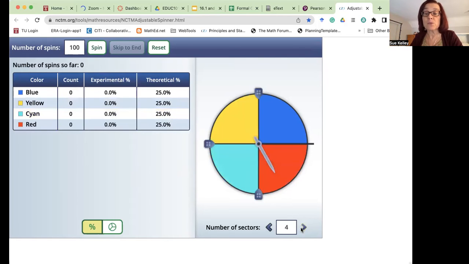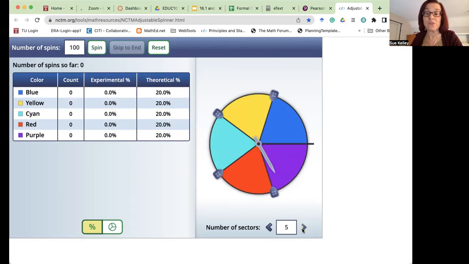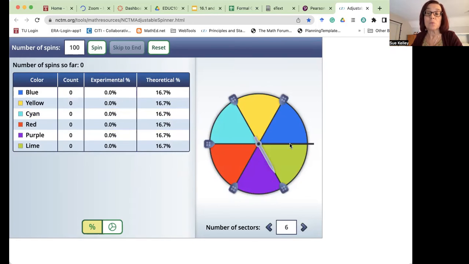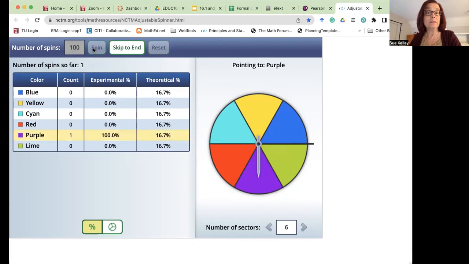You can play around with this and try it for a different number of sectors. We can watch blue here, which has a 1 in 6 chance of theoretical probability. If we spin it 100 times, oh, I have to skip to the end, sorry.